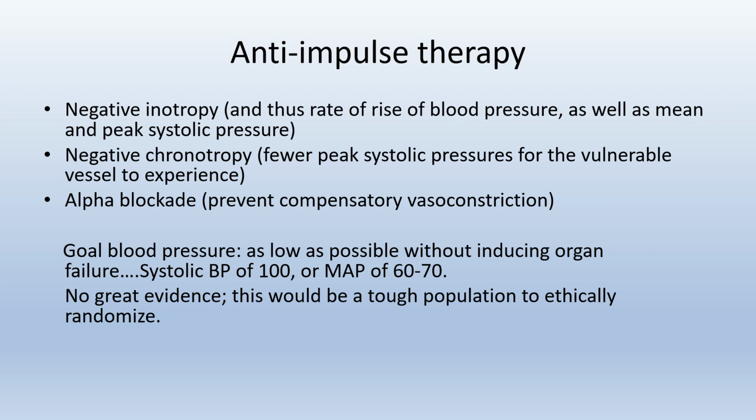Alpha blockade prevents compensatory vasoconstriction. Goal: blood pressure as low as possible without inducing organ failure, systolic blood pressure of 100, MAP of 60 to 70. There is no great evidence; this would be a tough population to ethically randomize.